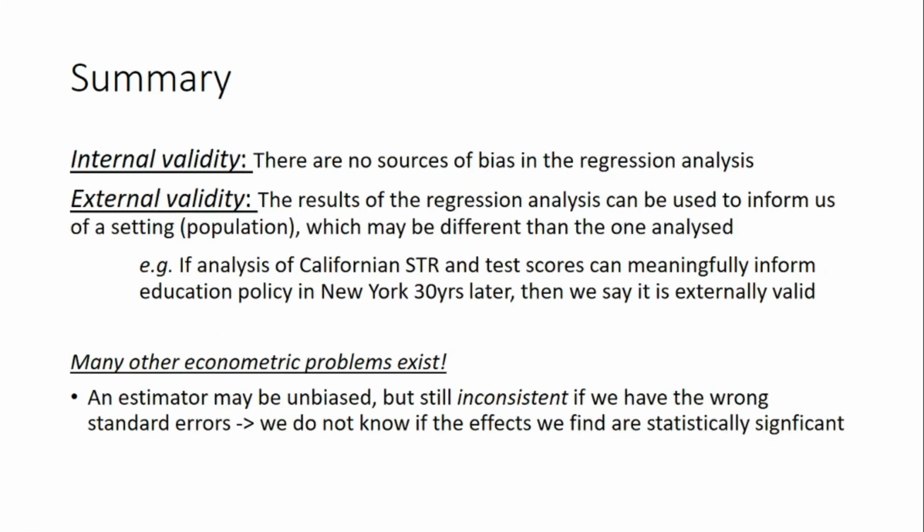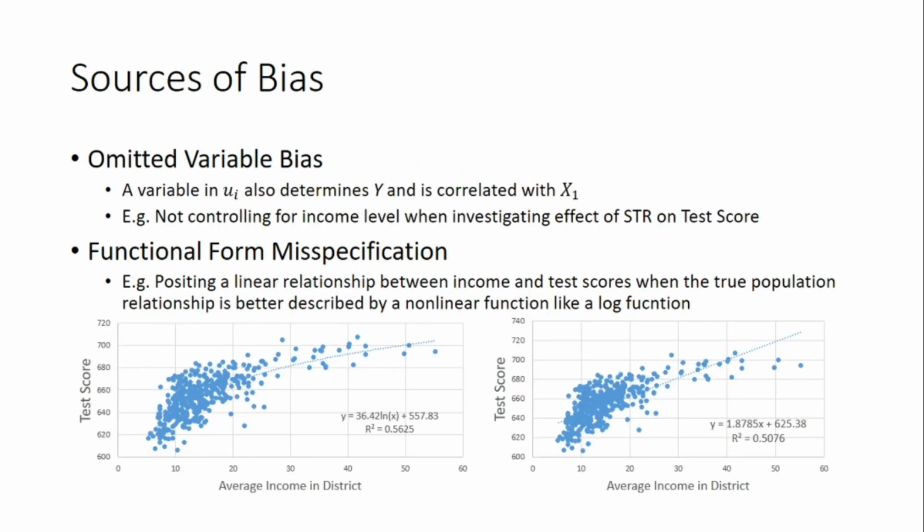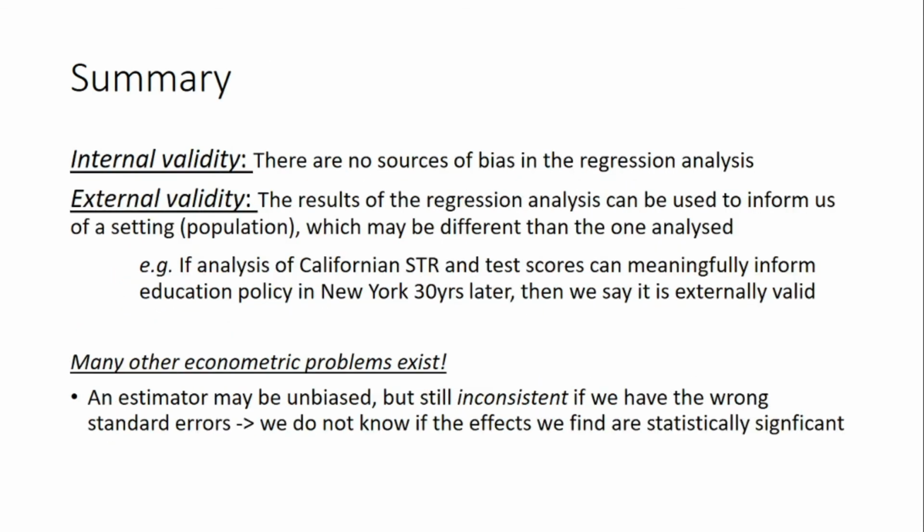In summary, internal validity, just to define some of these terms that are important. Internal validity means there are no sources of bias in our regression analysis. We've dealt with all these biases here, and it's as legitimate as can be.